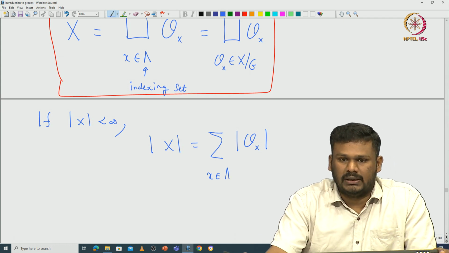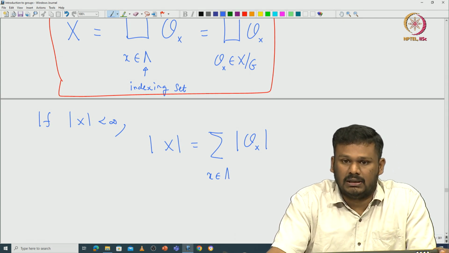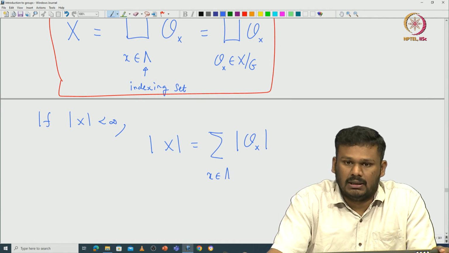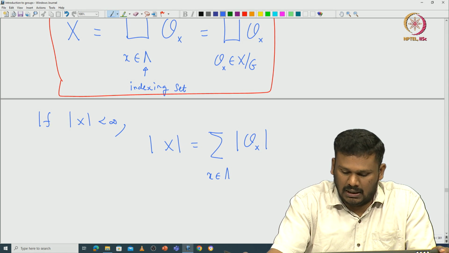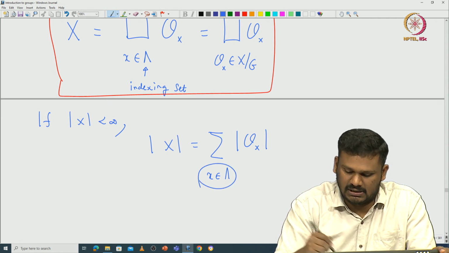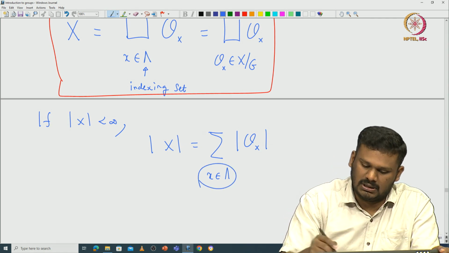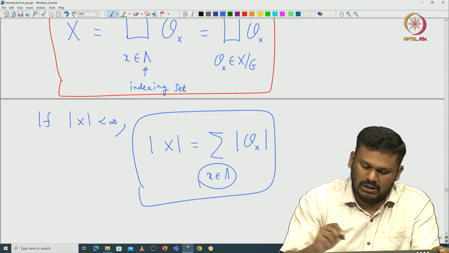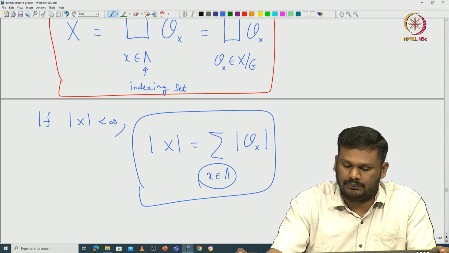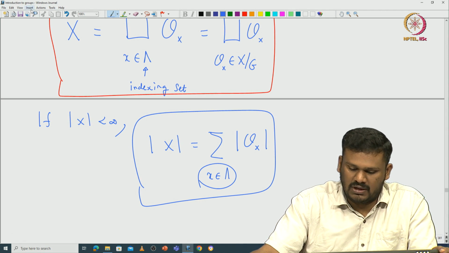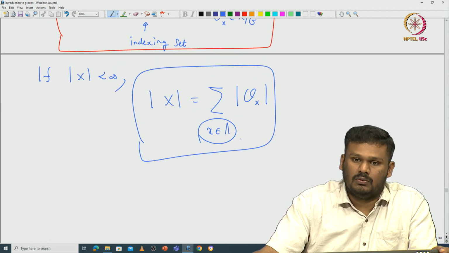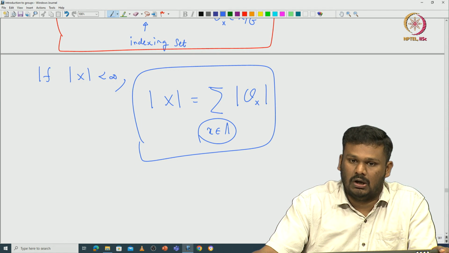In order to understand the cardinality of X, it is enough to understand the cardinality of these orbits, and of course what this indexing set will be. So, both pieces of information are needed in order to calculate the cardinality of X. That is what motivates us to look for the cardinality of this orbit O_x.